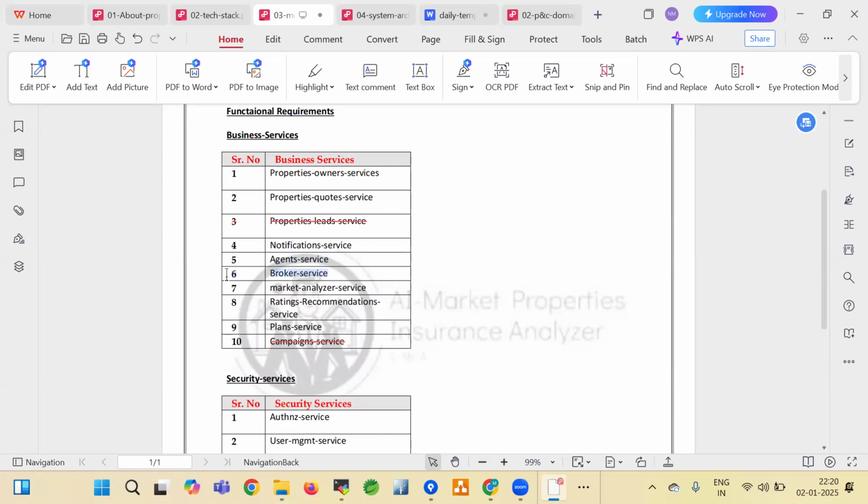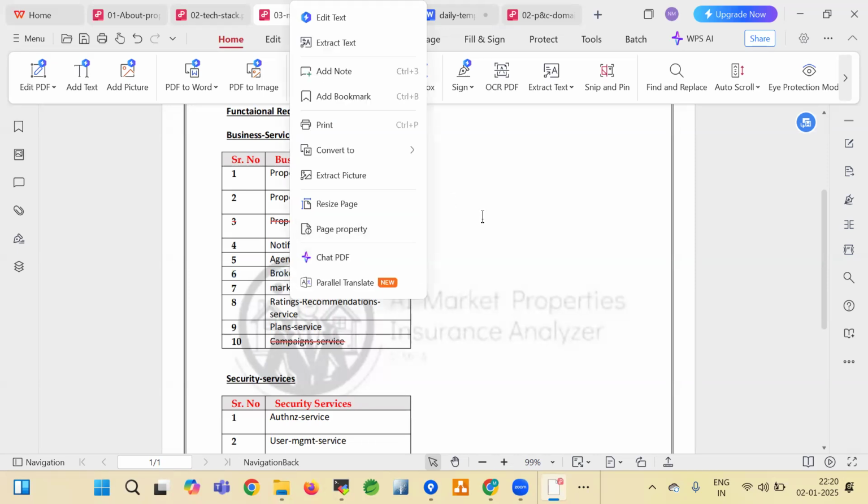Broker is what? An exercise. Broker is a side way. This is for those who are enrolling into this project. They have to implement this broker functionality, because the agent's functionality is what I am going to implement. So based on that understanding, being an enrollee, if you want to practice hands-on, you have to start this broker service along with me, when I start the agent service.